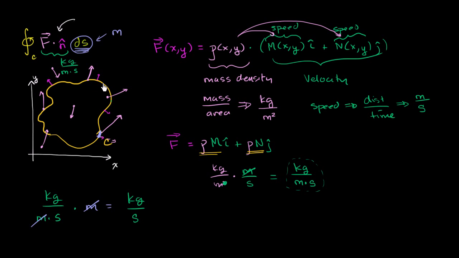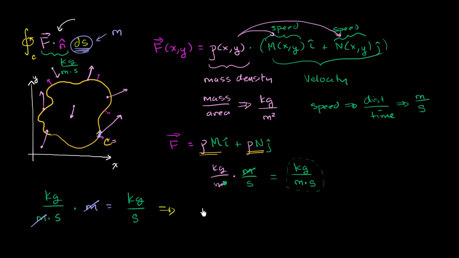And if you were to add up, and that's what integrals are all about, adding up an infinite number of these infinitesimally small ds's, the value of this entire integral is going to be in kilograms per second. And it's essentially going to say how much mass is exiting this curve at any given time.